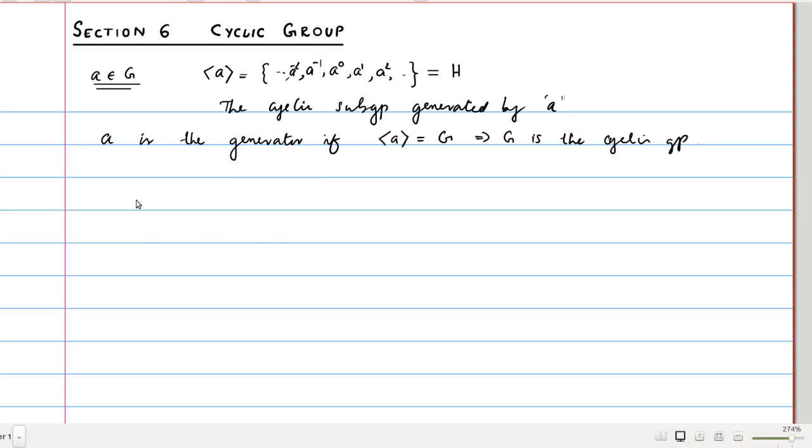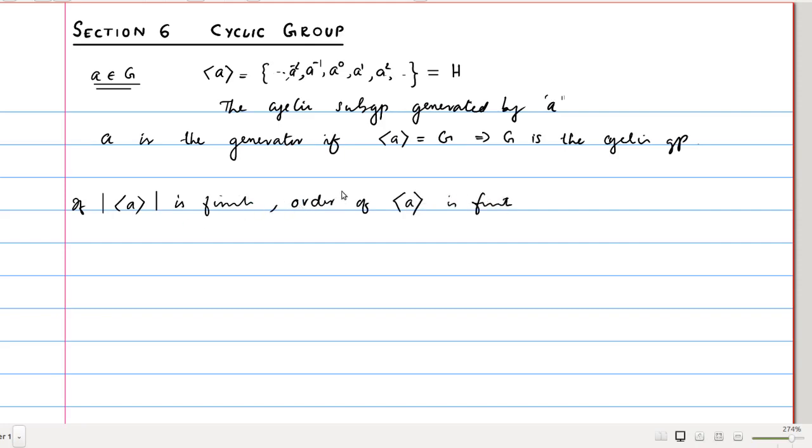We can consider two different cases: G is infinite and G is finite. Before that, we can consider the cyclic subgroup generated by a. If this cyclic subgroup generated by a is finite, we can say that the order of the cyclic subgroup generated by a is finite.